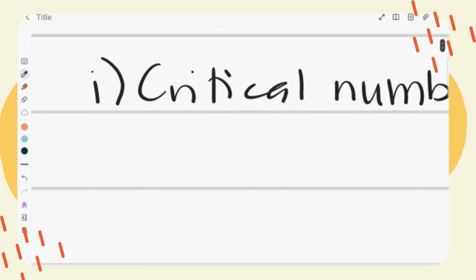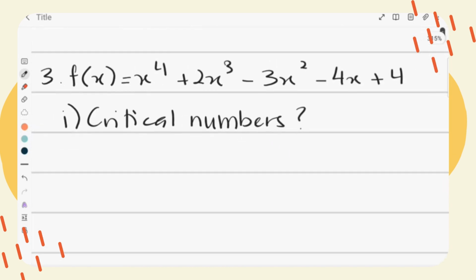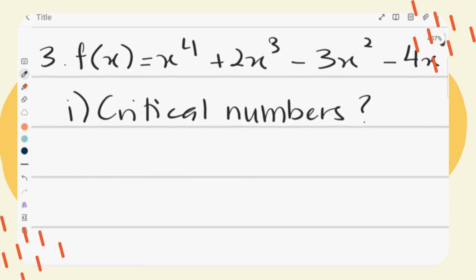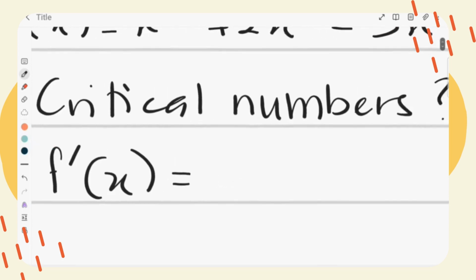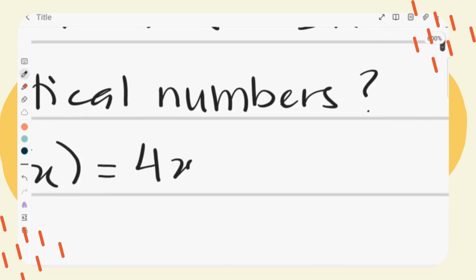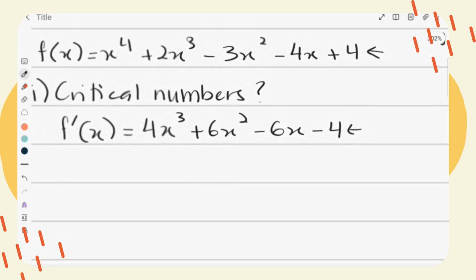So the first derivative, following this function, f prime x equals 4x cubed plus 6x squared minus 6x minus 4. So this is our first derivative.